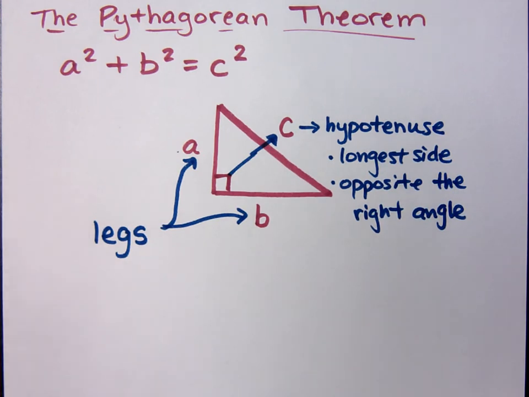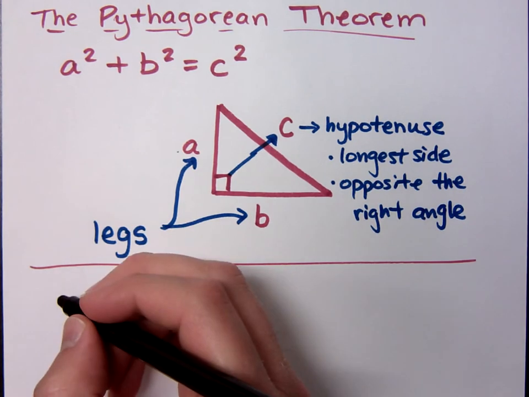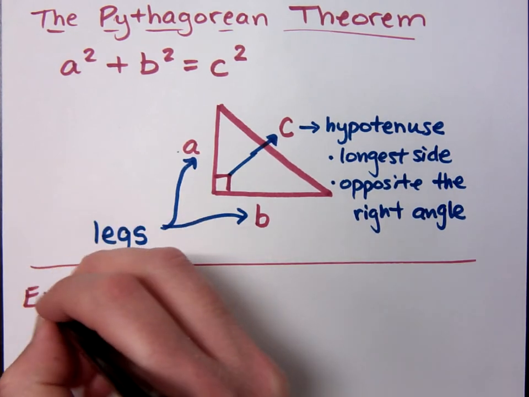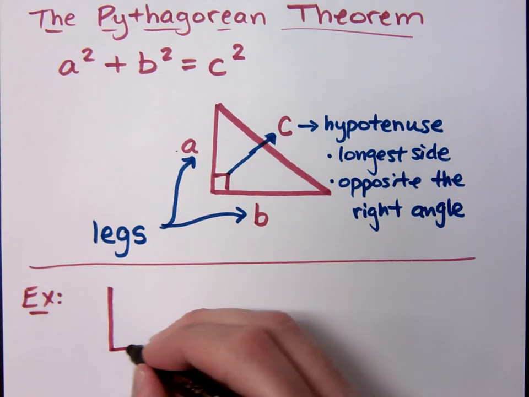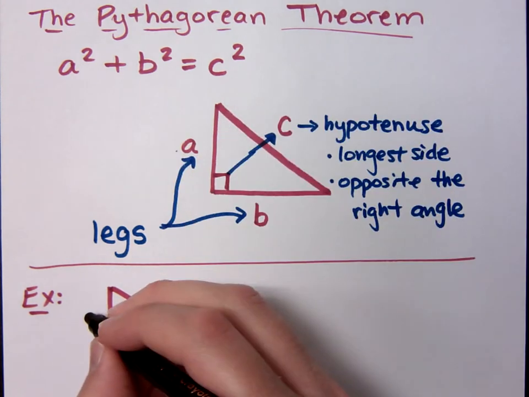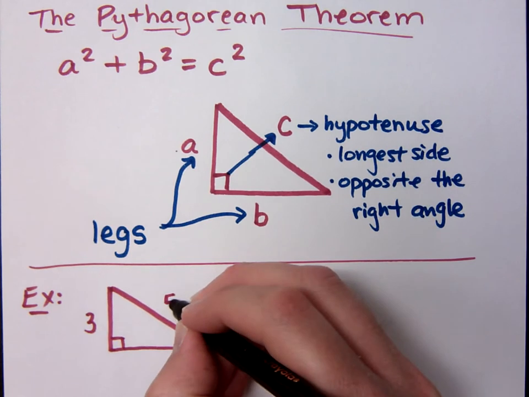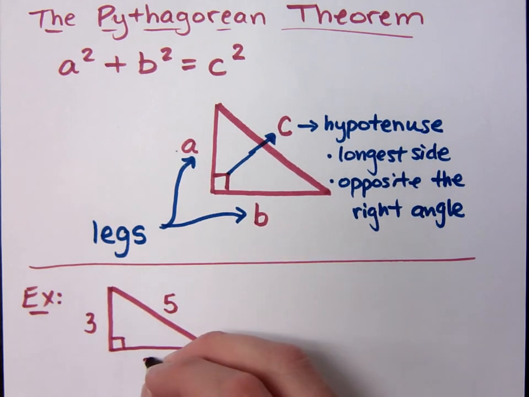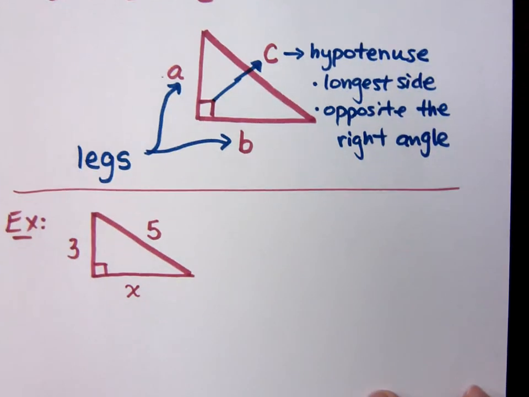Okay. Well, there's something really neat that we have with the Pythagorean Theorem. We can talk about solutions for the Pythagorean Theorem. Just suppose I gave you this example right here. If I told you that I have this, and I wanted to find this length right here, how could I find that x?